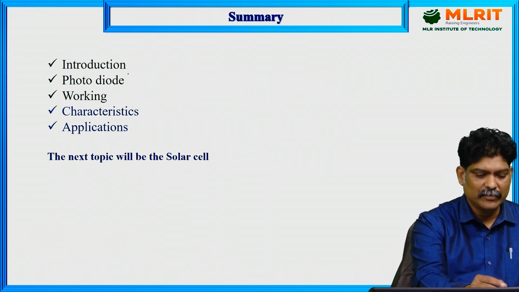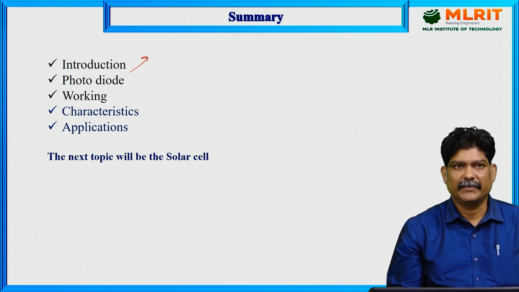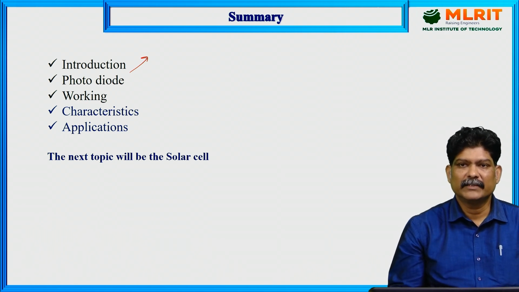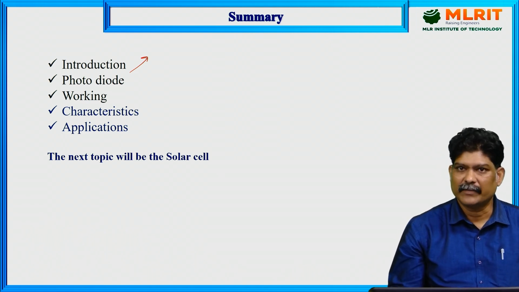So let us conclude for today's session. We started with the introduction to the photodiode. The photodiode is operated in reverse bias condition, right? The current produced by the photodiode is proportional to the intensity of light that strikes the photodiode surface.